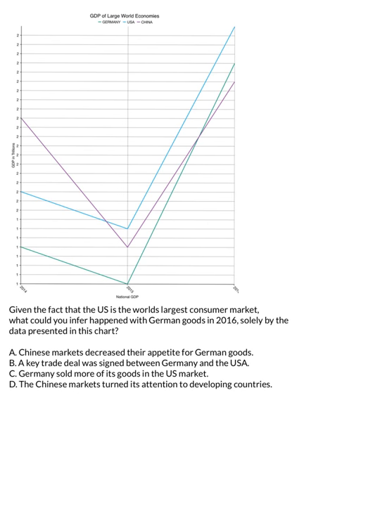And then on here, you'll see three different lines. You'll see a purple line, which up here we know is China. You'll see a blue line, which here is USA. And then you'll see a green line, which is Germany. Then over on this side, this is the GDP in trillions of dollars.